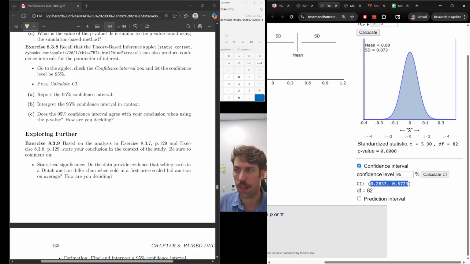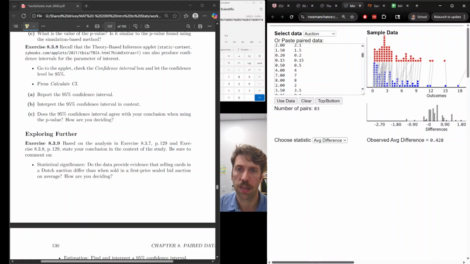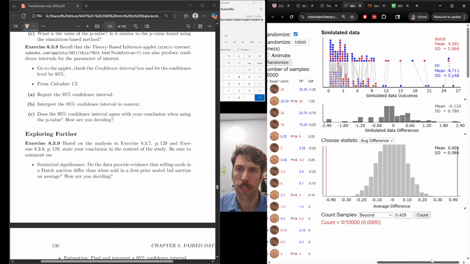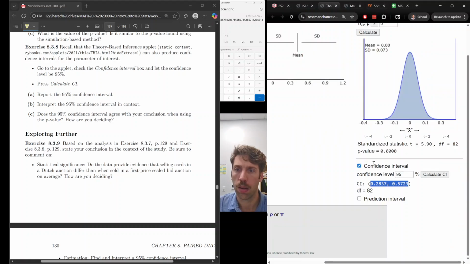We're 95% confident that the true difference, make sure you say it right, because we're doing Dutch minus first price, the true difference of Dutch minus first price is between like 28.37 cents and 57.23 cents.